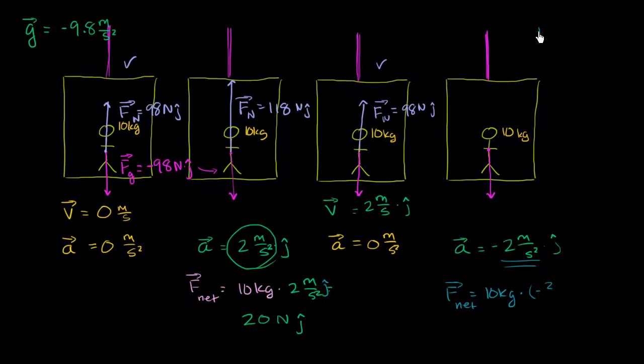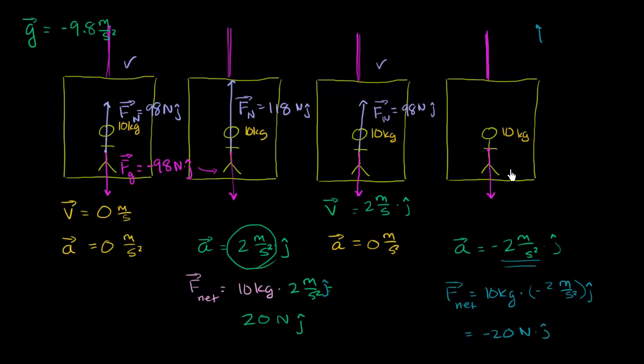Remember, j is just the unit vector in the vertical direction facing upwards. And this is equal to negative 20 kilogram meters per second squared in the j direction, or negative 20 newtons in the j direction. So the net force on this is negative 20 newtons.